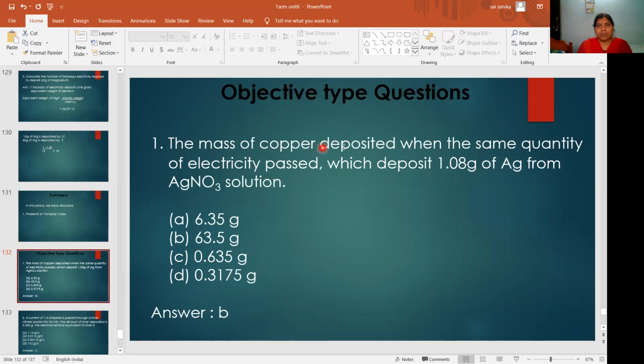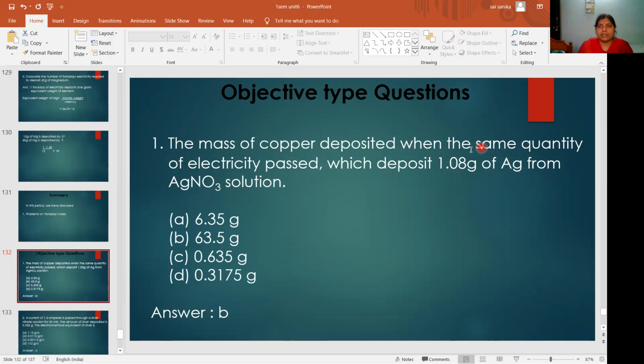The mass of copper deposited when the same quantity of electricity is passed, which deposits 1.08 grams from AgNO3 solution. So here there are two solutions, silver nitrate and copper sulfate, with the same quantity of electricity passed.